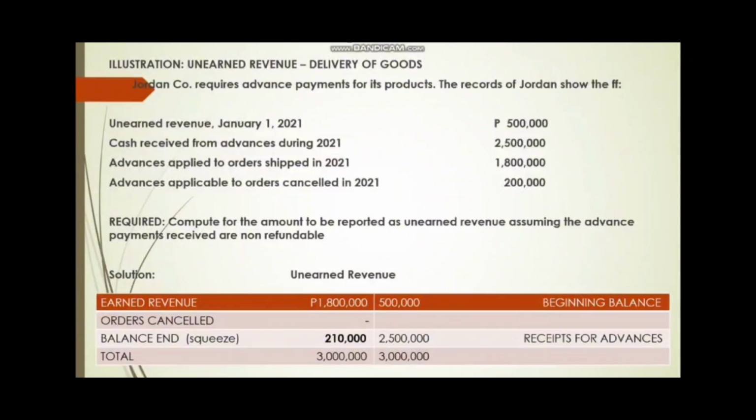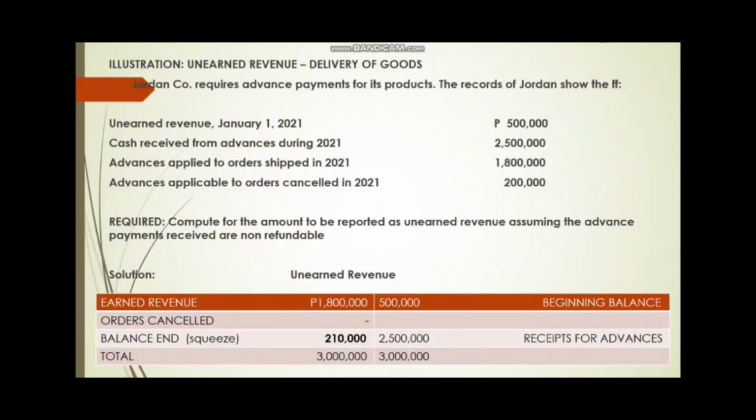And then the cash received from customers during 2021, these are considered receipts for advances, 2,500,000. This total of 3 million should be equal, so 500,000 plus 2,500,000 equals 3 million. We have earned revenue of 1,800,000, and the total is 3 million, minus 1,800,000, so the ending balance is 210,000.